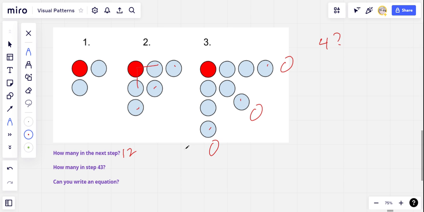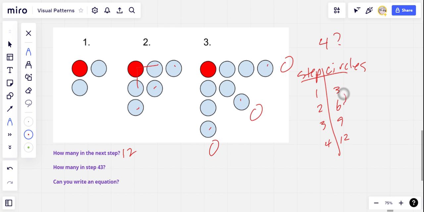Okay, so my hunch is that this is just a linear pattern. It seems like the same numbers being added in each step, but let's just make that absolutely clear by listing the step numbers and the number of circles in a chart. In step 1, we have 3 circles, and in step 2, we have 6, and in step 3, looks like we have 9, and in step 4, we're saying 12.